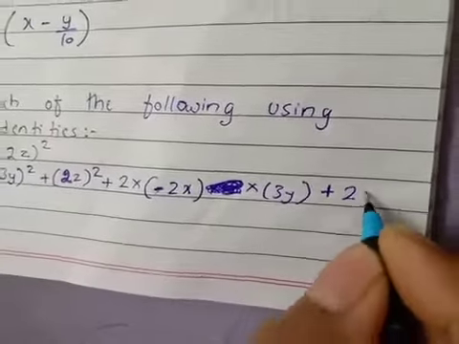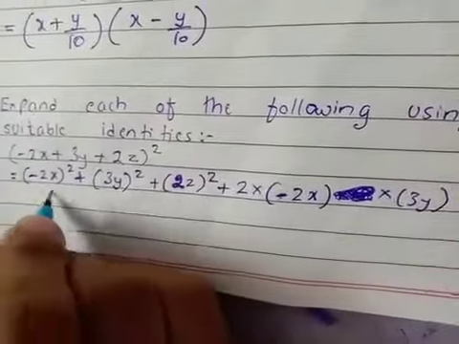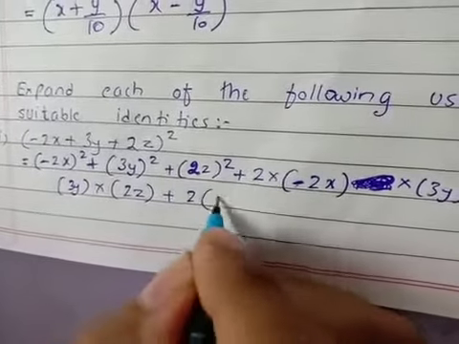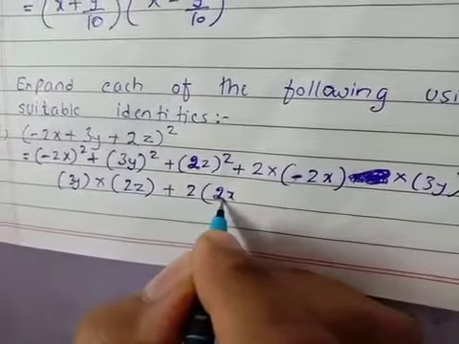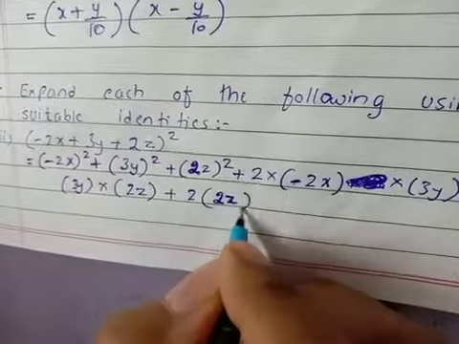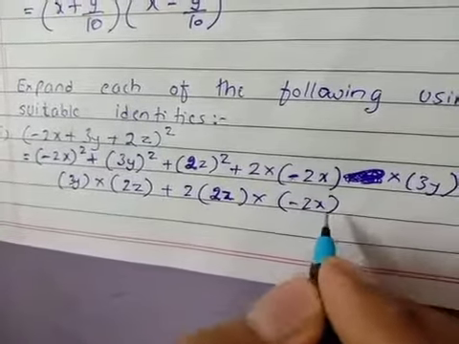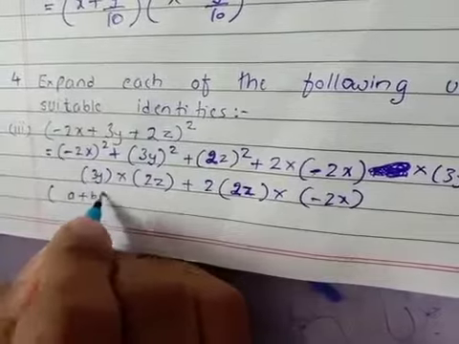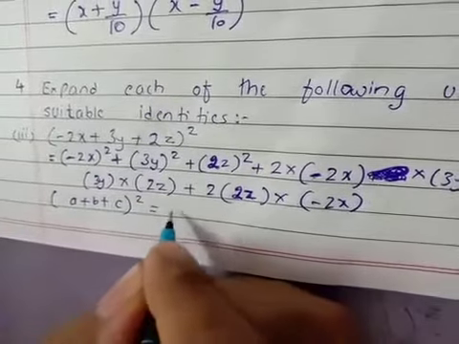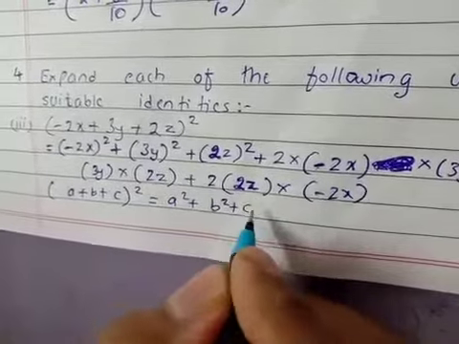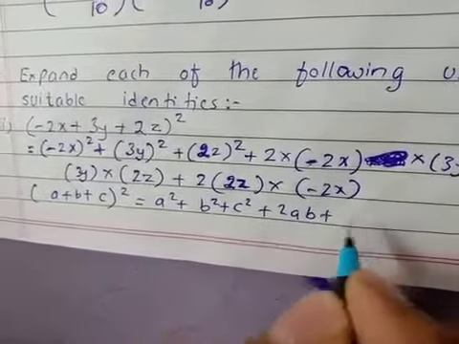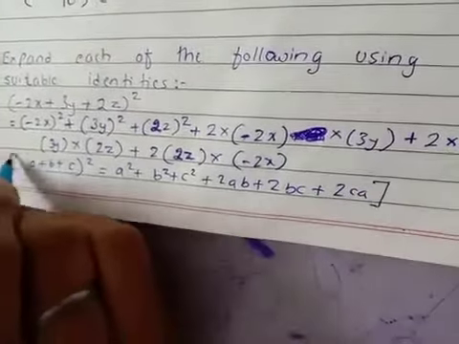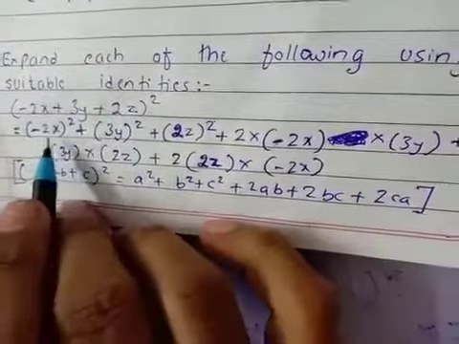Plus 2 into 3y into 2z plus 2 into 2z into minus 2x. If you remember the identity, a plus b plus c the whole square equals a square plus b square plus c square plus 2ab plus 2bc plus 2ca. It is written in the same form.